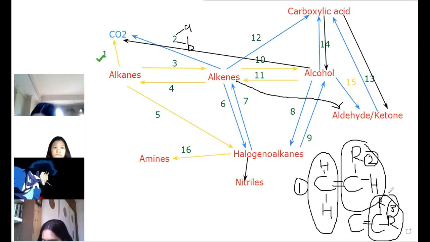Okay, next. Number 3. Number 2 is already done. Number 3, alkanes become alkenes.